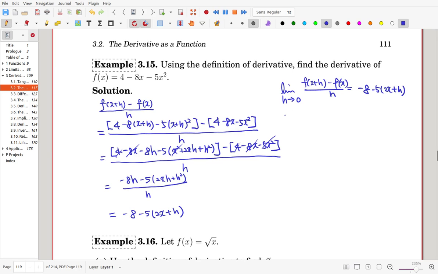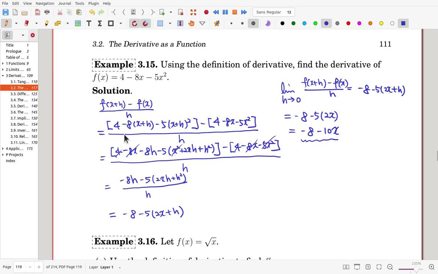Once h approaches 0, that term disappears, and we get minus 8 minus 5 times 2x, or we can write minus 8 minus 10x. So that is the final answer.